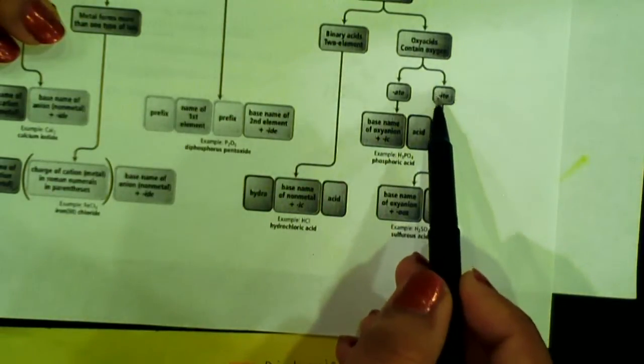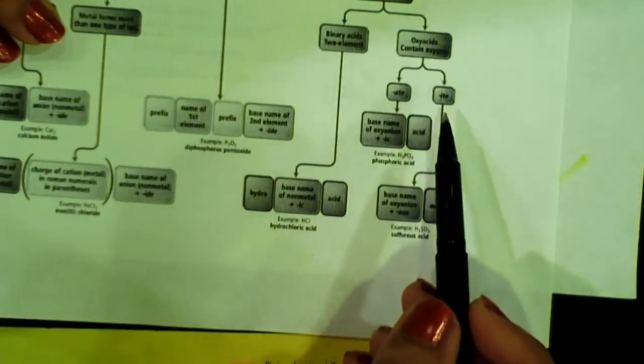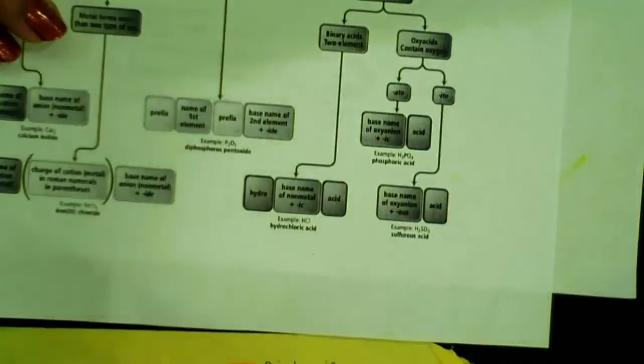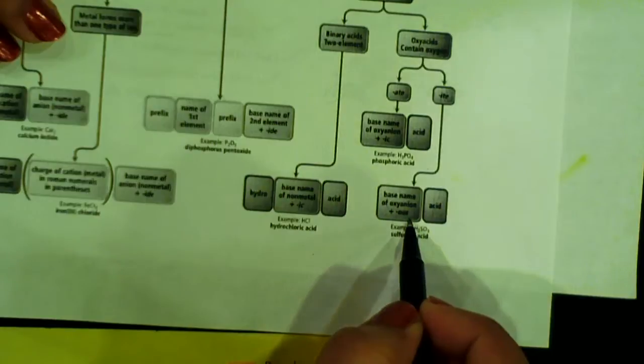if the polyatomic ion is present in that compound, oxyacids have the polyatomic groups, the groups in this chart. Okay. So if the name of the polyatomic ion ends in ATE, the suffix will be ic. Okay.